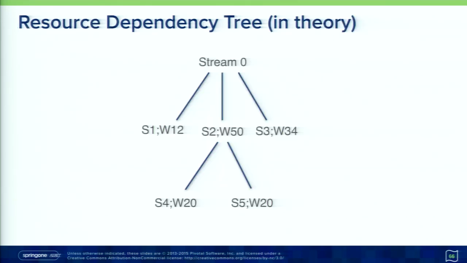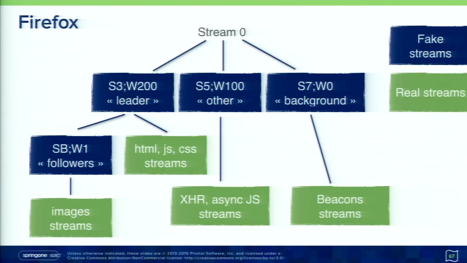So in theory, we end up with some kind of tree with a stream 0 root with no resource, actually, and with streams, and some streams depend on each other, and they have different weights. That's the theory, and that's the kind of structure you can build with those header information. But in fact, at the client level, that's how browsers deal with this.